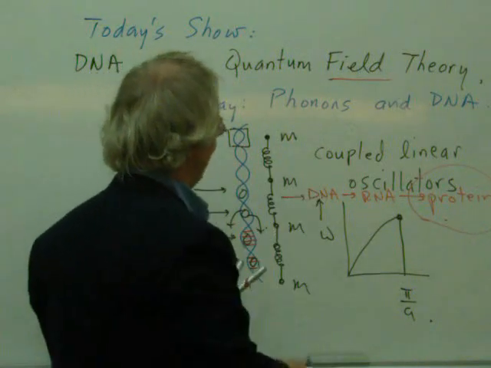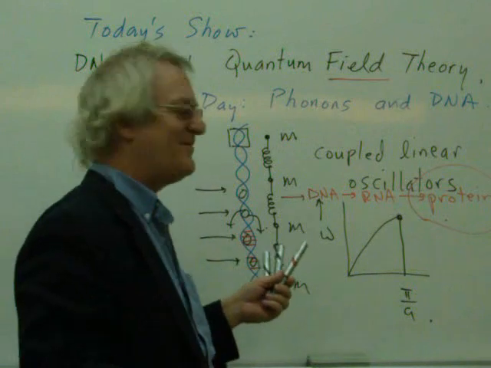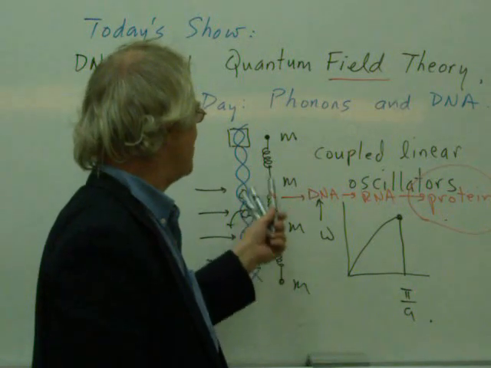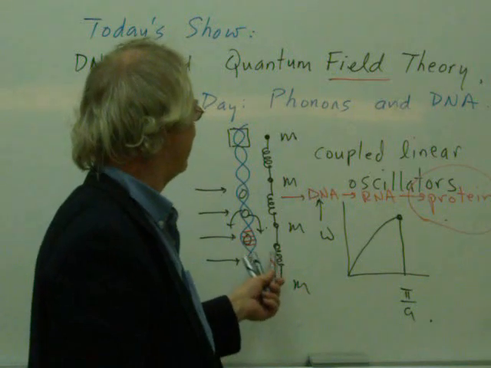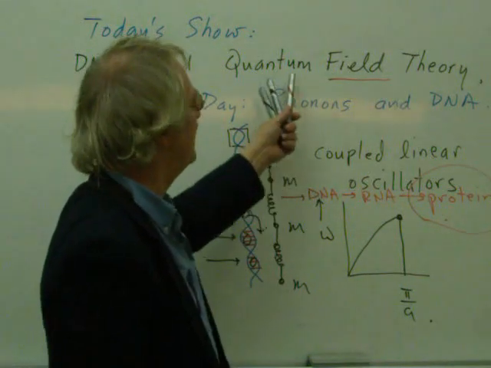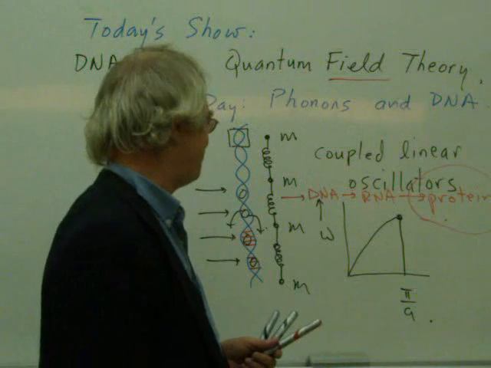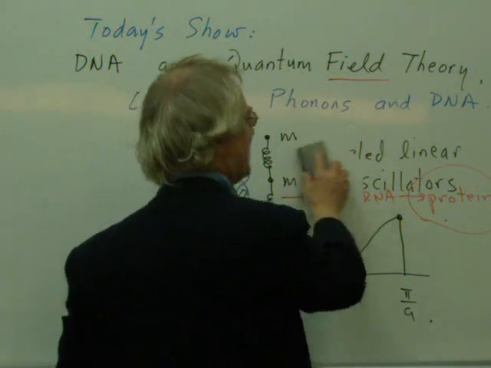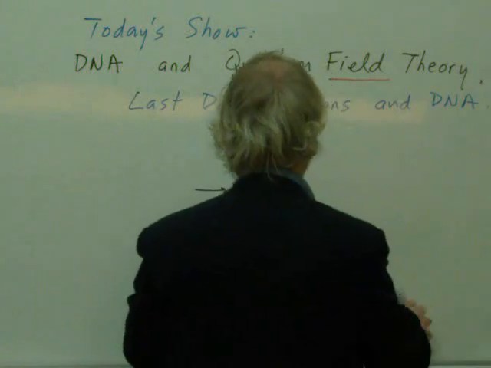Well, now the question is how do we go from this spring system to a quantum field system? And the answer is, we try to work some kind of extension to this model.